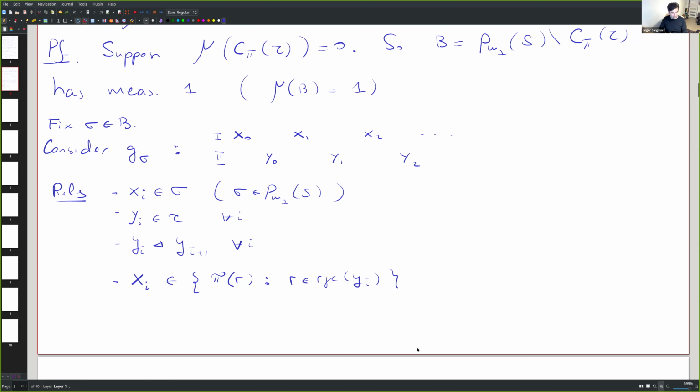Okay, so that's it. I mean, 2 wins if she can keep doing it, right? So 2 wins if and only if 2 can always play. The game lasts omega steps.